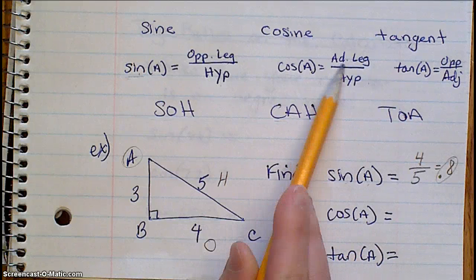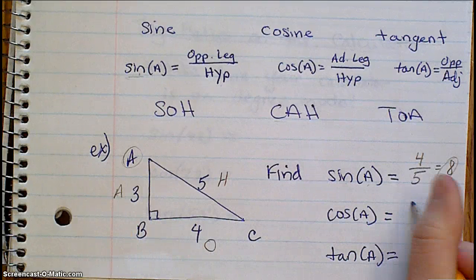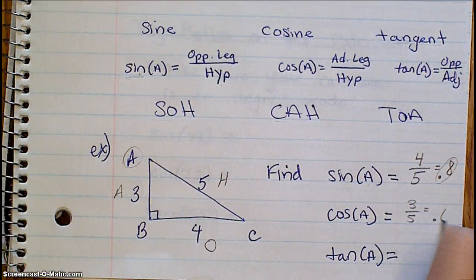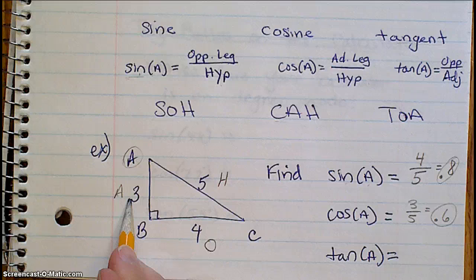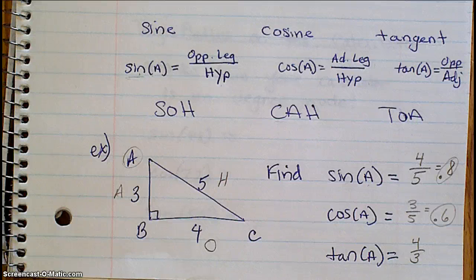Cosine of A means we need the adjacent leg, which is 3, and my hypotenuse, which is 5: 3/5 or 0.6. And then lastly, tangent, which is the opposite leg divided by the adjacent leg. In this case, 4 divided by 3, you could just leave it like that.